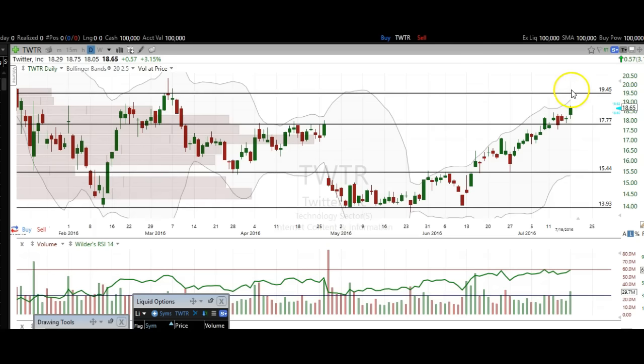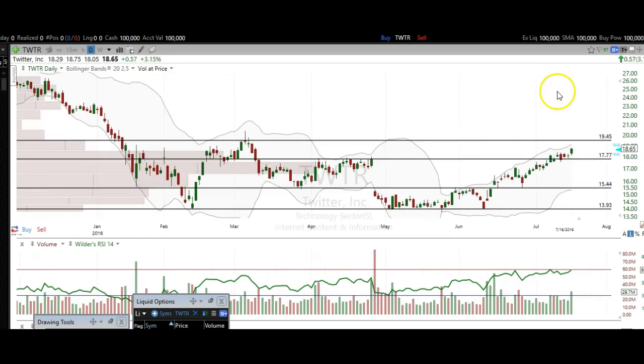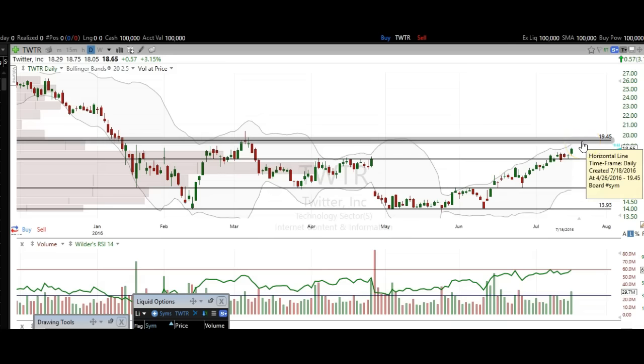So it looks to be headed higher, but we are coming up to another smaller resistance area right around 1950 from these candles right here, as well as the lows of those candles right here. And so now this level is support. This 1777 is going to be that support. Resistance 1950.